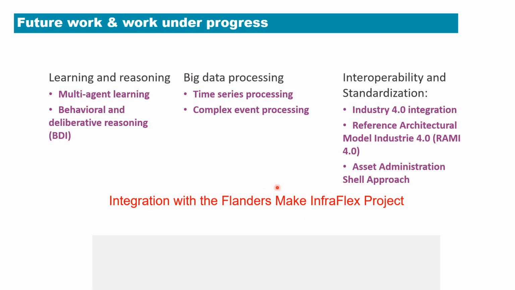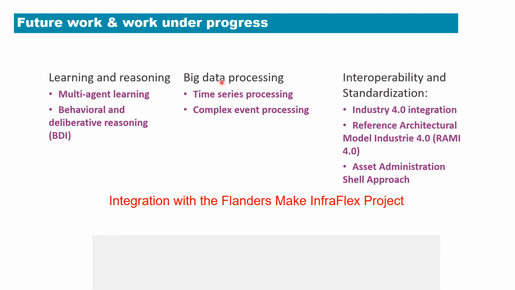So this is the conclusion of our presentation, and here we list some future work and work in progress. For example, we plan to apply multi-agent learning, and we will also try to consider more intelligent reasoning modeling, like belief, desire, intention reasoning modeling in agents.